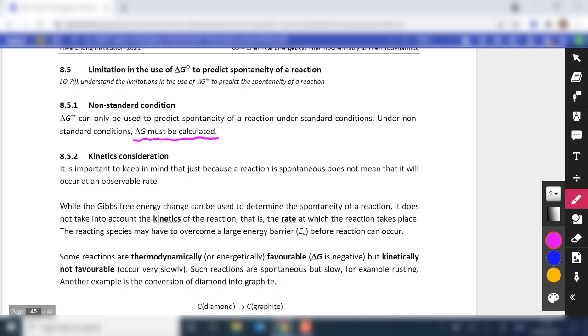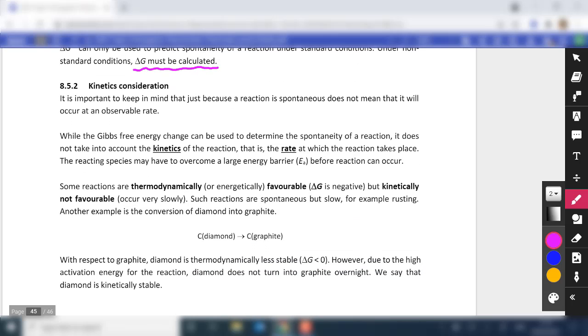And of course, finally, the all-time enduring example, diamond to graphite. Although it is thermodynamically feasible to convert diamond to graphite, in reality, it doesn't happen on its own. The reason is there's this factor known as the kinetics consideration.